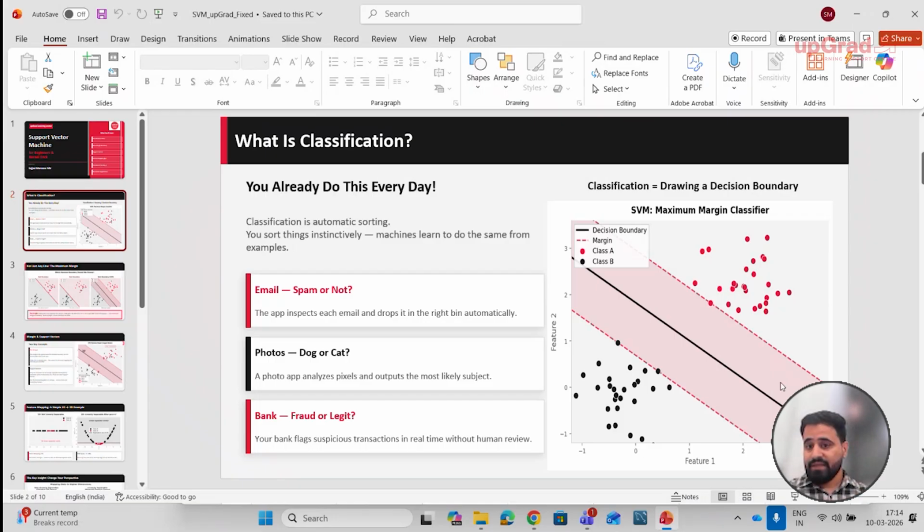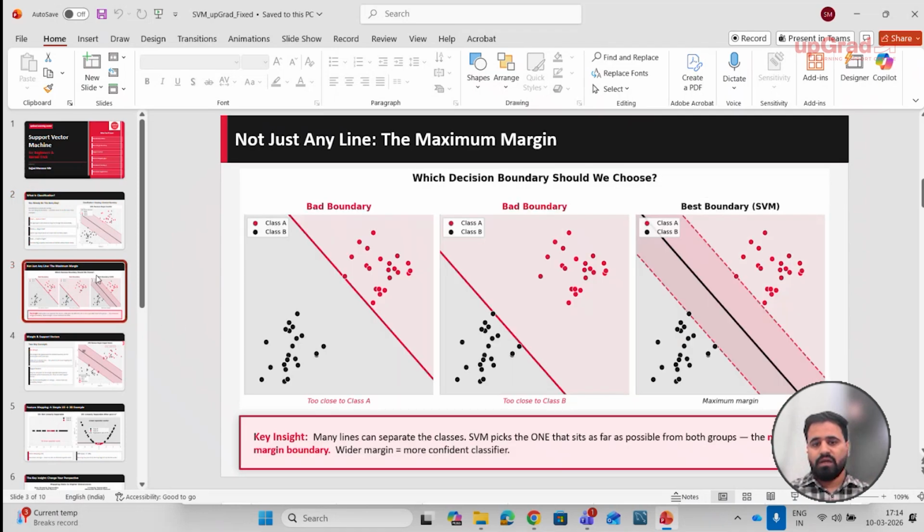This black line is your decision boundary. Another name for this decision boundary is the hyperplane. These dotted lines are your margins, which touch your support vectors. The question is how we can achieve the maximum margin to do the classification.